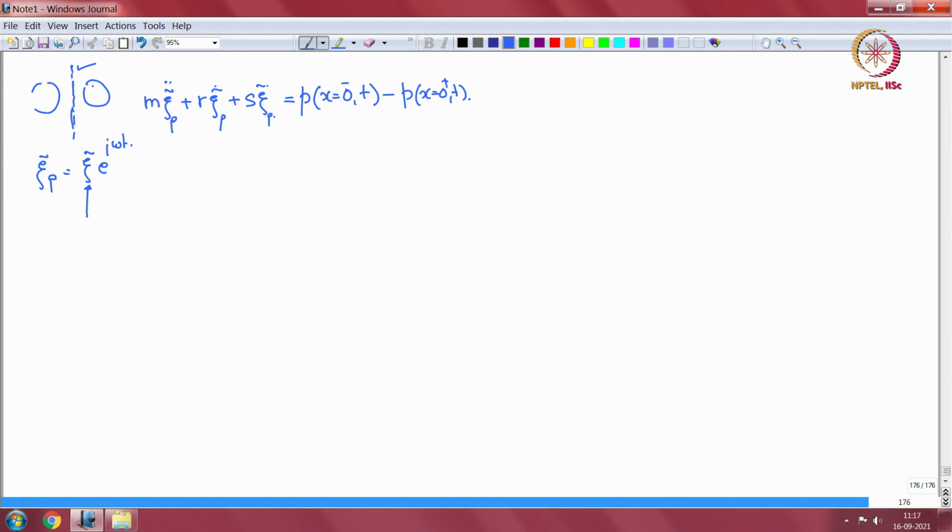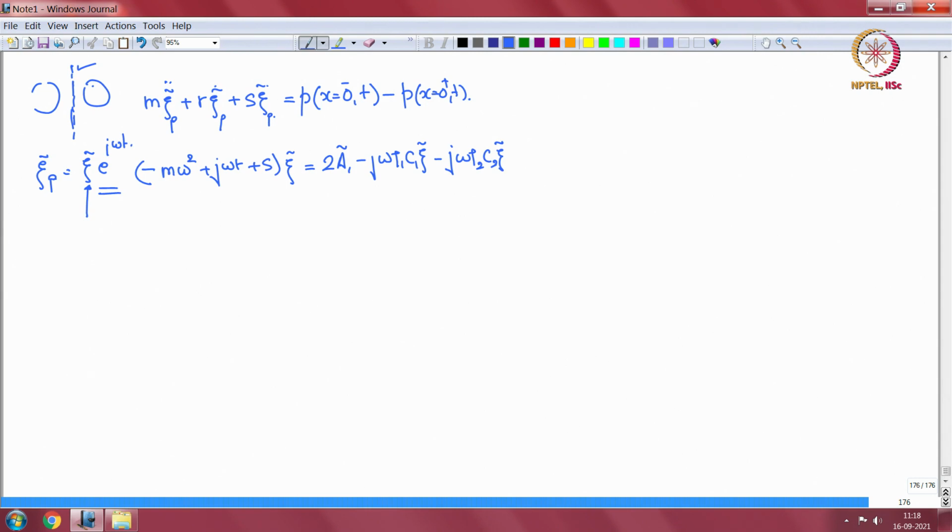And therefore, if we use the harmonicity, I get minus m omega square plus j omega r plus s, xi tilde, is equal to twice a1 tilde minus j omega rho 1 c1 xi tilde minus j omega rho 2 c2 xi tilde. This is being evaluated at x equal to 0.